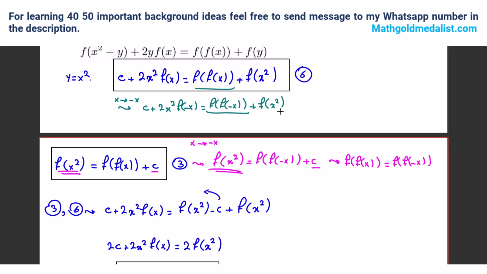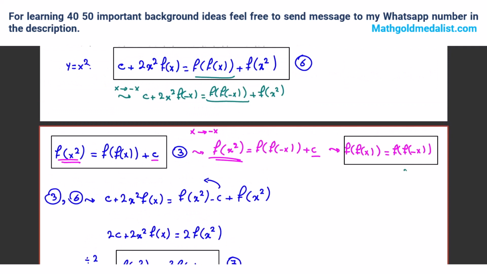So let me draw a box around this. It will be result number 8. So because they are equal, and this part also equals c, we can conclude 2x squared f of x is equal to 2x squared f of negative x.